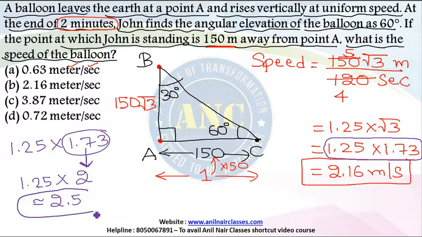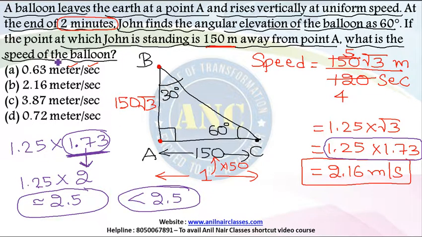The answer should be closer to 2.5, but since the actual number is 1.73, the answer should be less than 2.5. If you observe the answer options, 0.63 is too much less than 2.5. 3.87 is greater than 2.5. 0.72 is also too much less than 2.5. The answer should be 2.16. Did I multiply these two values and get 2.16?